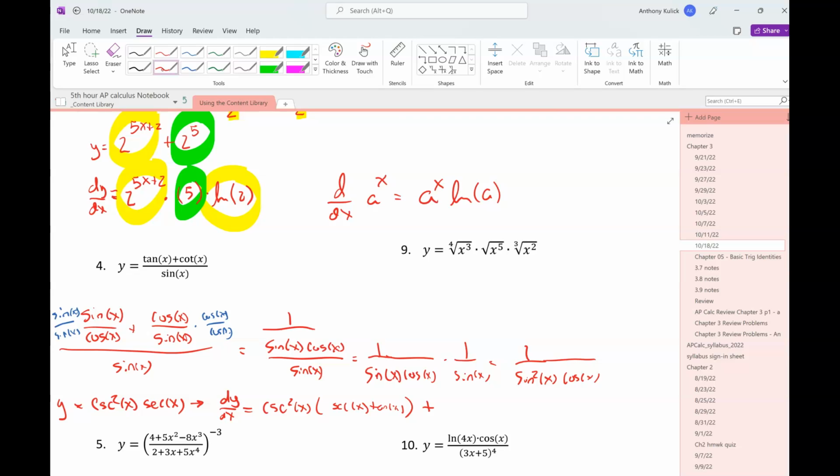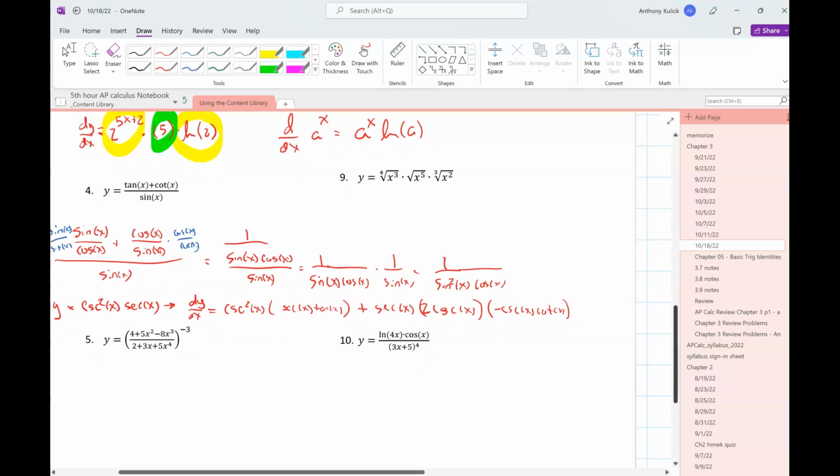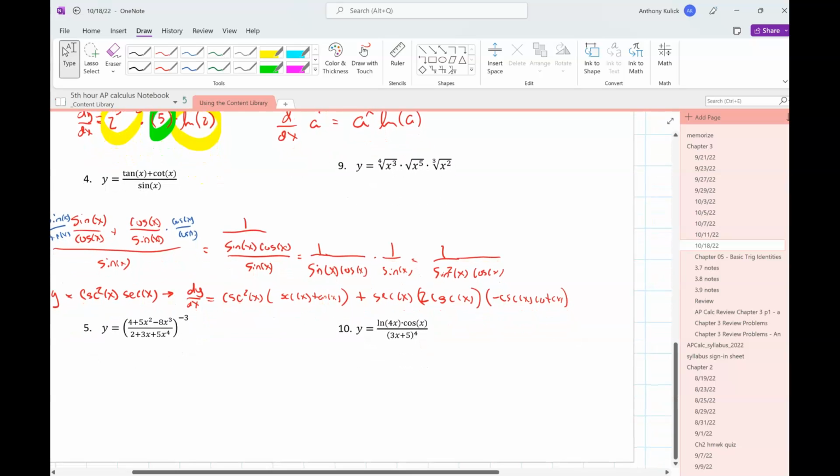You're absolutely right. And then I have secant times the derivative of cosecant squared, which is a chain rule. So that's going to be times 2 cosecant x, and then the derivative of cosecant is negative cosecant times cotangent. And that's, short of a little bit of simplifying, where we're going to live.